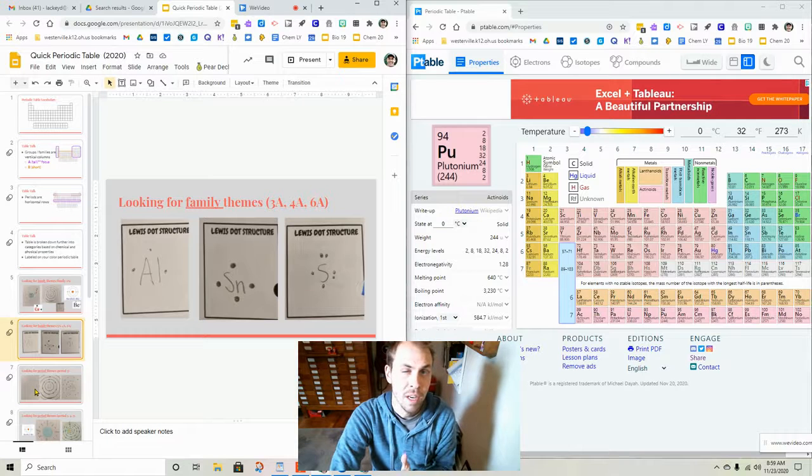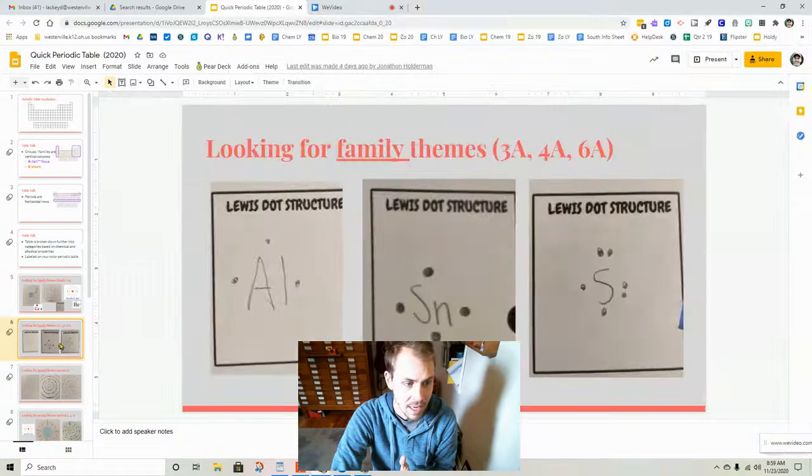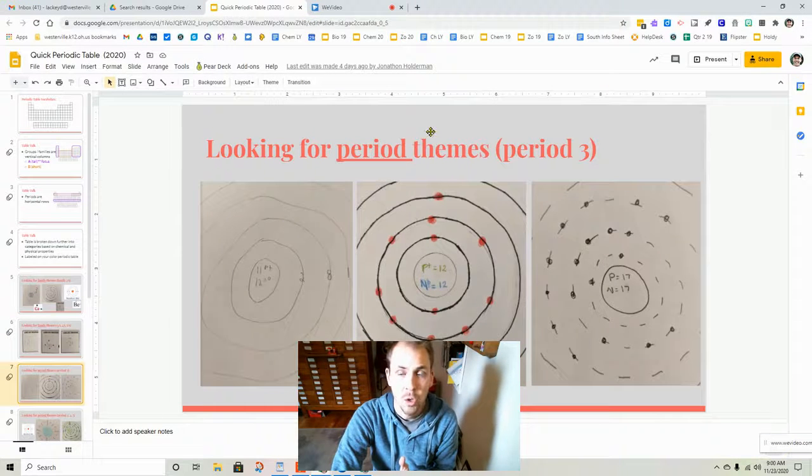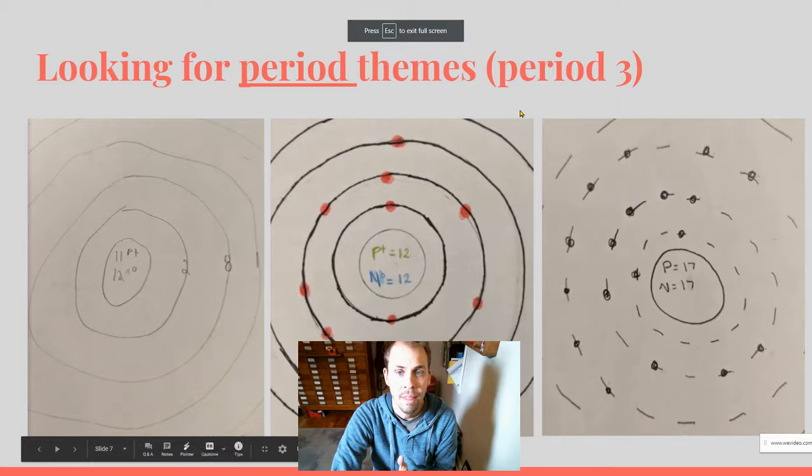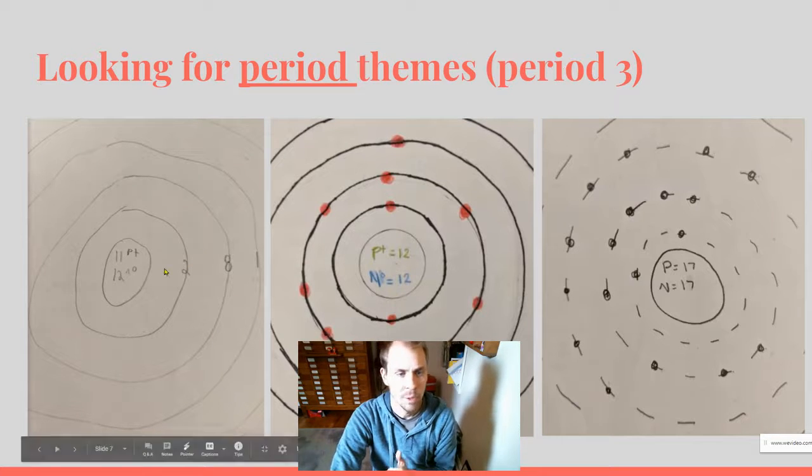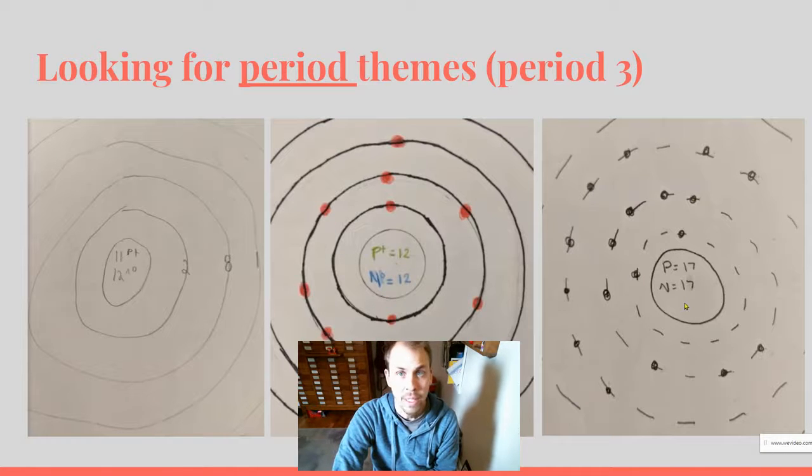All right, let's look for another pattern here that goes with what period each element comes from. So let's go ahead again and look closer at some of these. Now we're looking at things all from the same period. These 3 elements are all from period 3. I believe we're looking at sodium on the left, magnesium in the middle, and chlorine on the right.